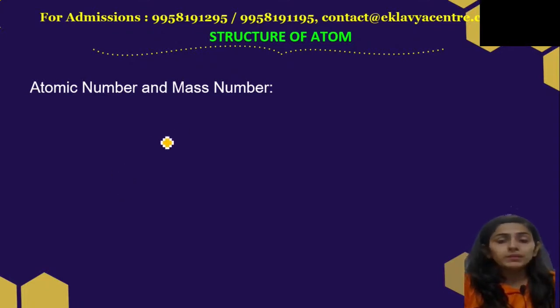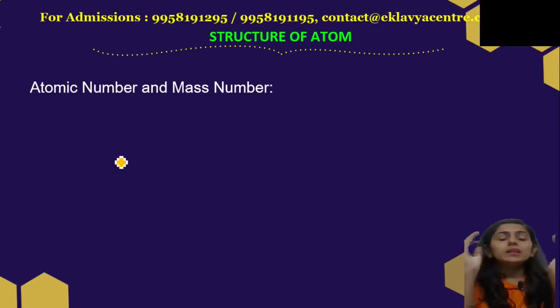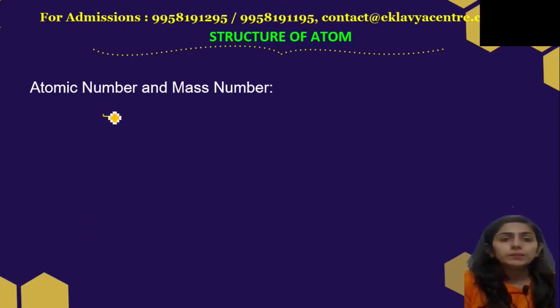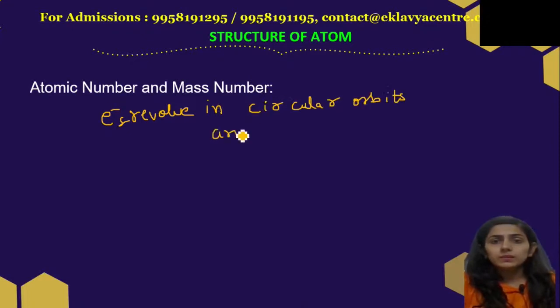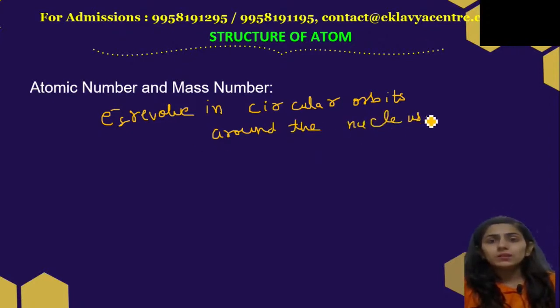Rutherford assumed that electrons revolve in circular orbits around the nucleus.